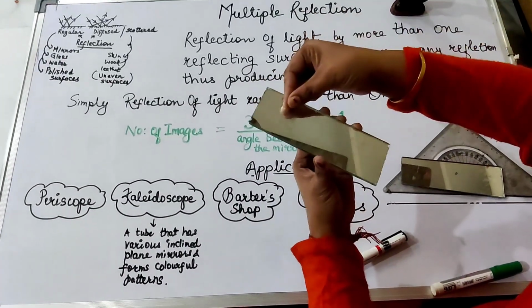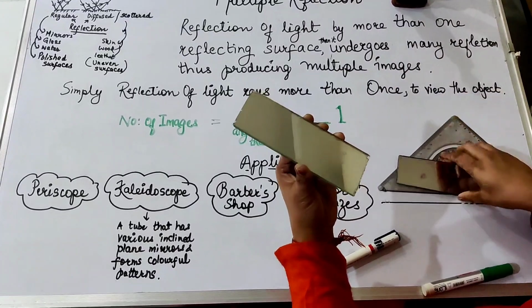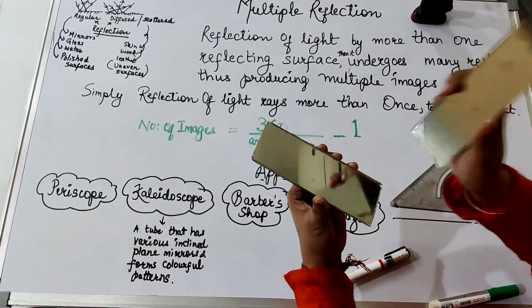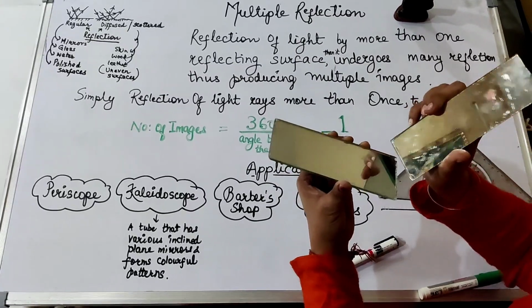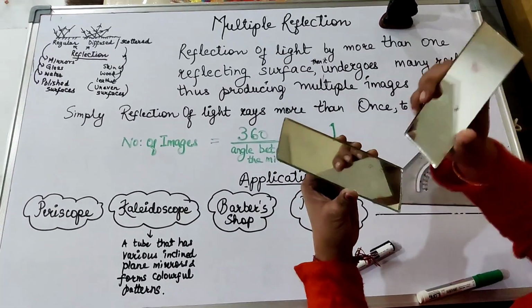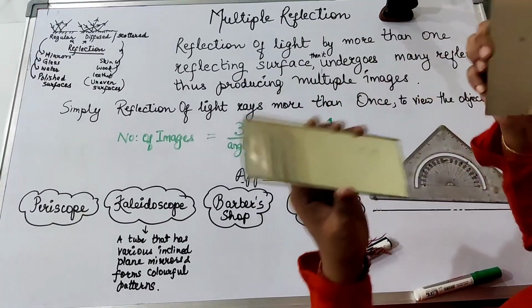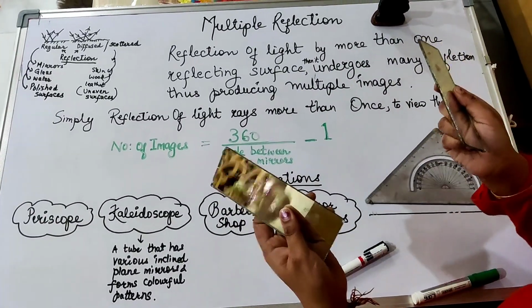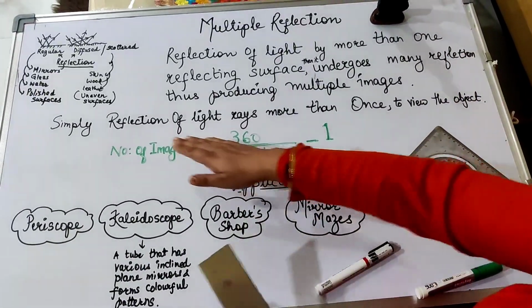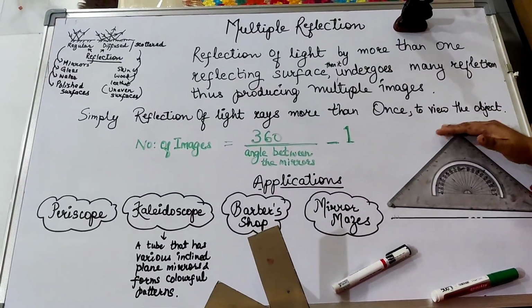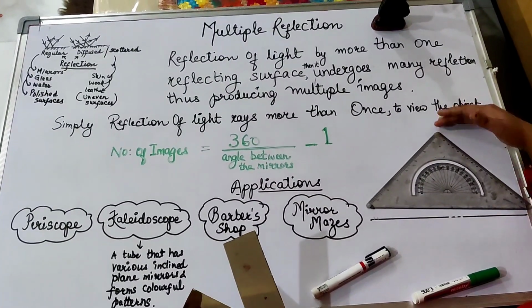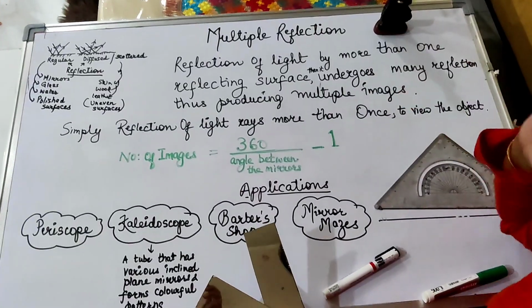Once the light falls here, it is reflected, and at the position where it is reflected, I put another mirror, another reflecting surface, and again it is reflected back. If I take another mirror here, and do this many times, this reflection of light rays from more than one surface is referred to as multiple reflection.